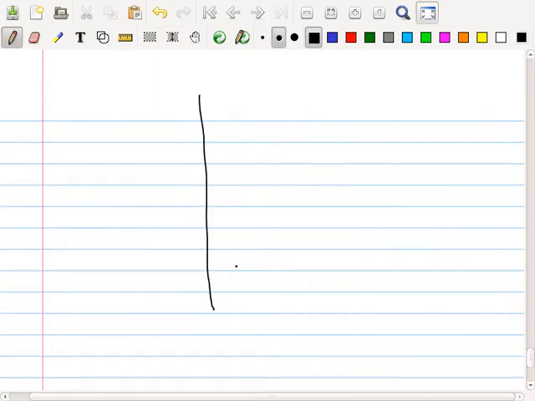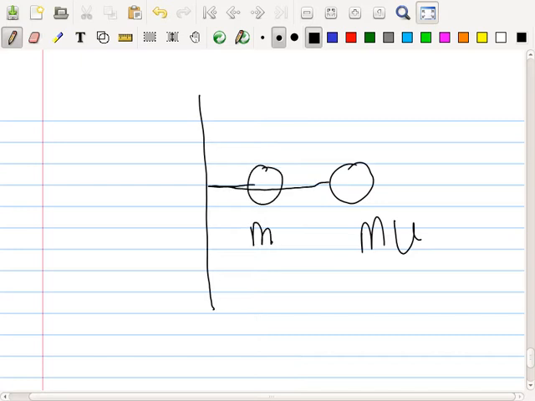Let me draw you a bigger picture now. Right, here's the wall. Here's the particle. Its momentum is mu. It comes in and comes back out, and its momentum now is mv. Okay. Now the change in momentum is mv minus mu.